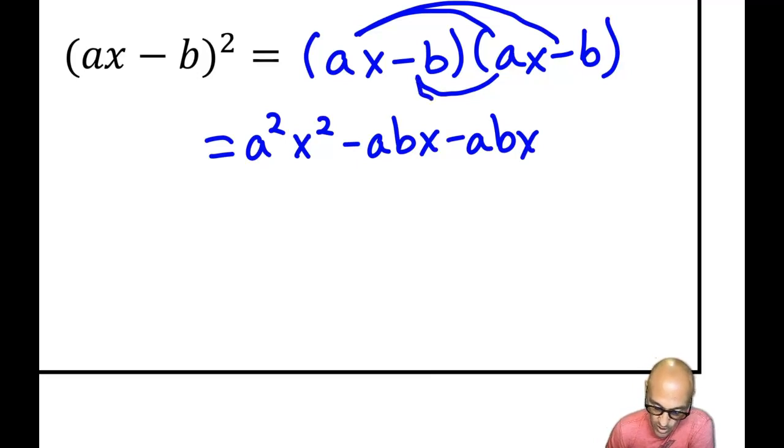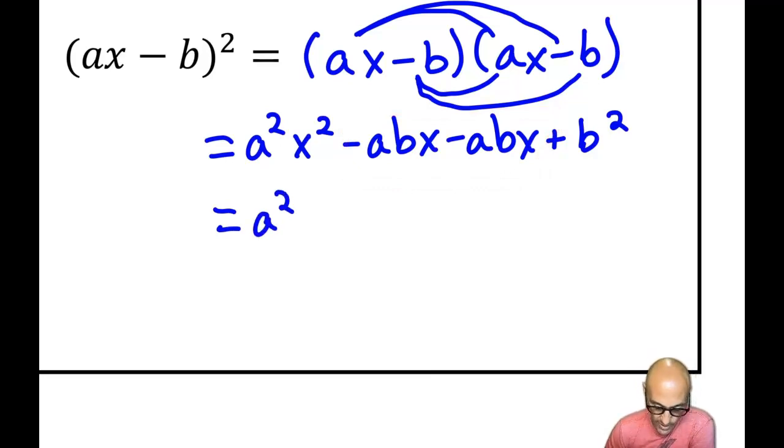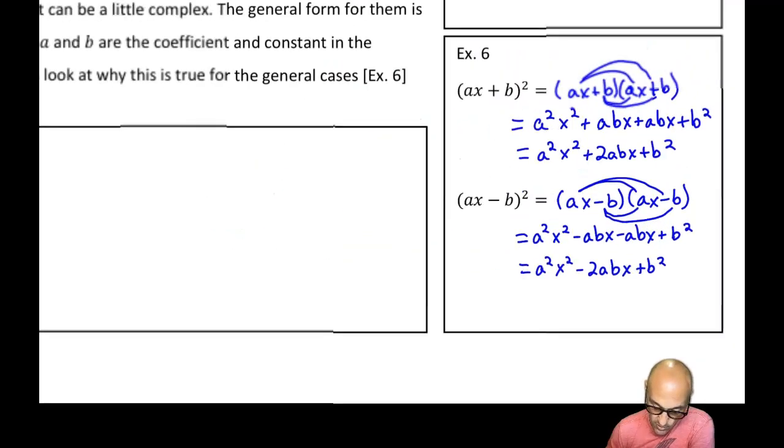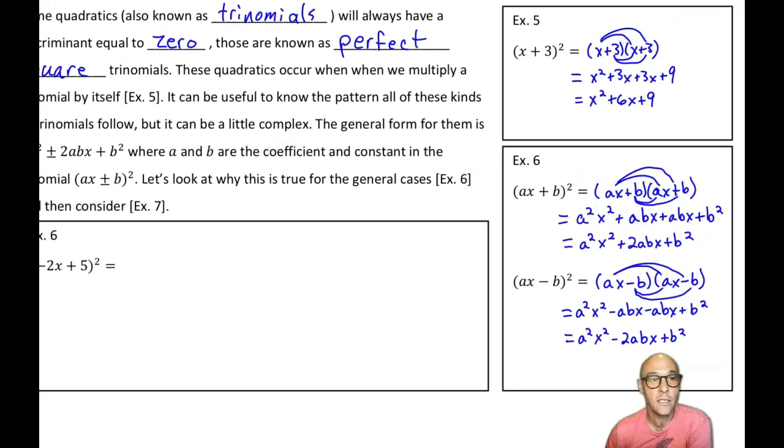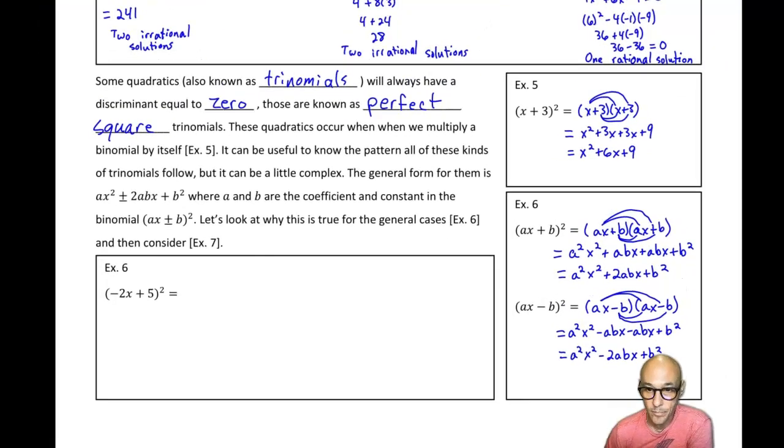And negative b times negative b is positive b squared. Now we're going to combine these two terms right here because they both are x terms. And we have a squared x squared minus 2abx plus b squared. And you can see that in both of those cases, what we have is really this right here that we mentioned.